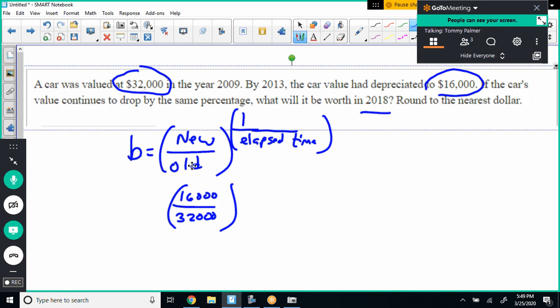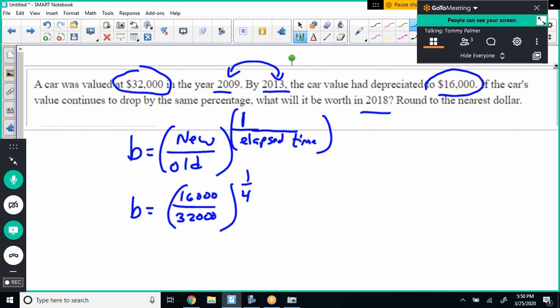They're going to give you a date and a value and another date and a value. So your latest data point would be your newest one, like 2013 would be a lot newer than the 2009 data point. Now, how many years is there between 2013 and 2009? Yeah, so 1 over 4. You have to have the 1 over elapsed time. That's going to be your base.